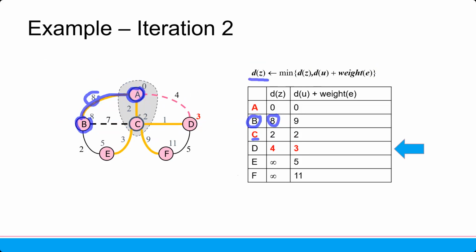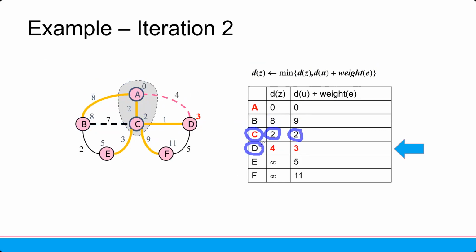Because now we are on the C. If we go from A to B via C, then it is 2 plus 7. So du plus width E is 9. In this case, we are still not finding the shortest path, we just find the distance. Because we already chose C, then dz is 2 and the du plus width E is 2.